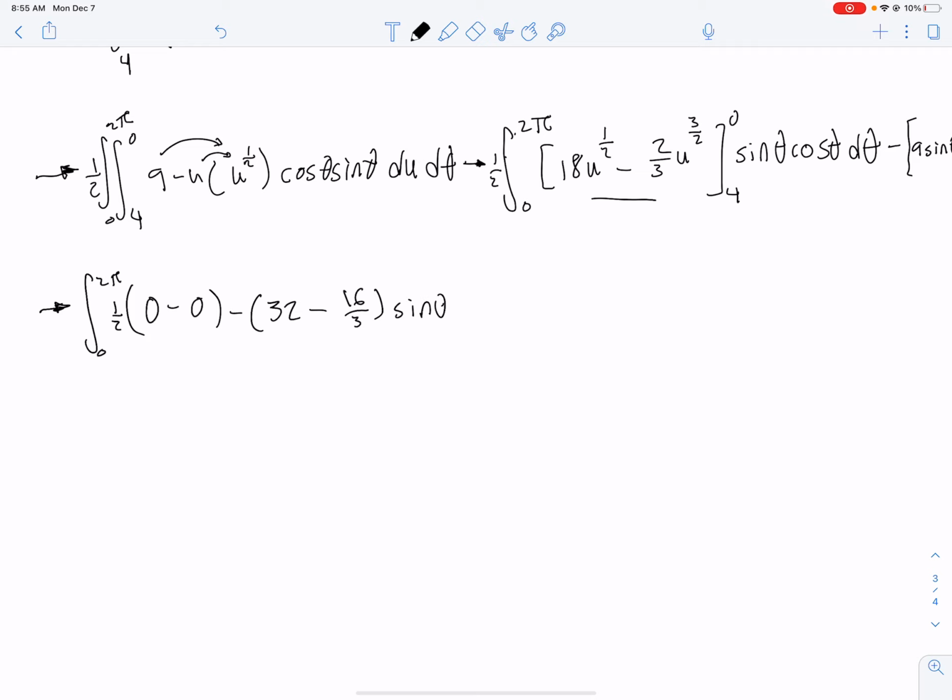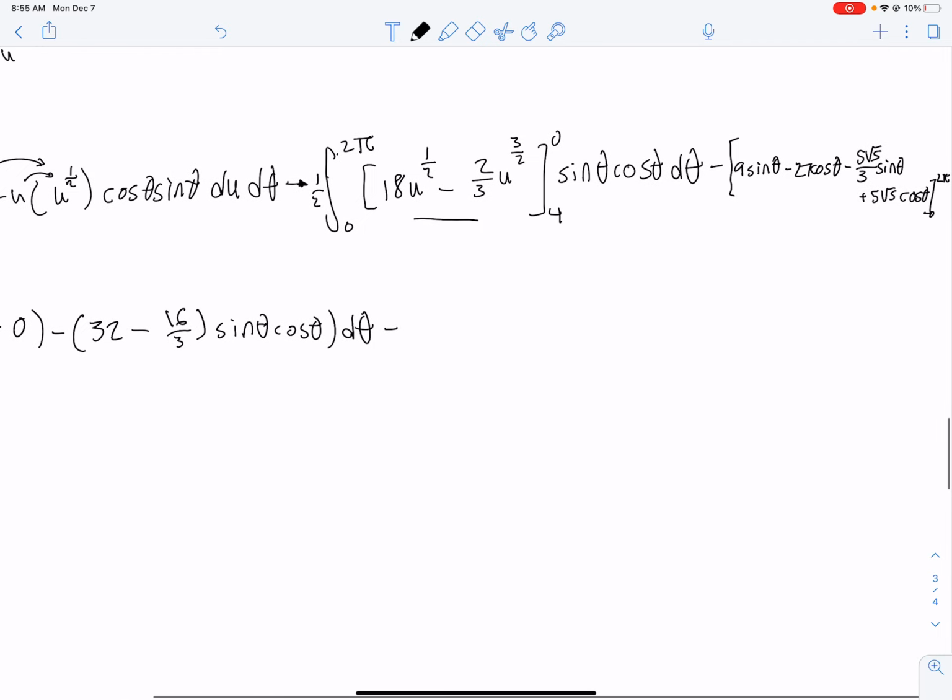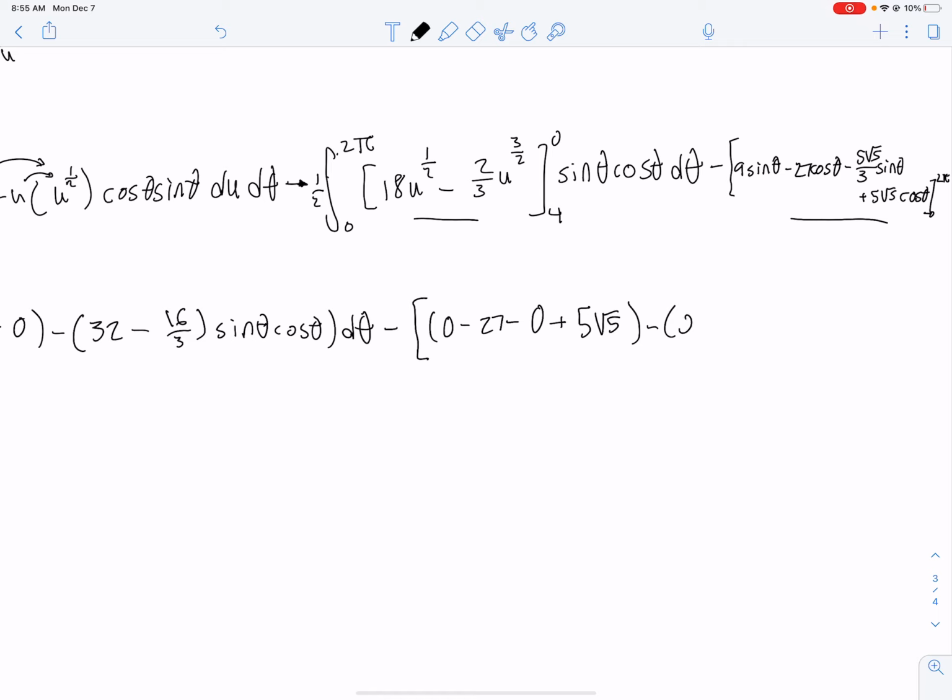And we have our sine theta, cosine theta, d theta, minus, and if we finish off our last two parts, we have sine at 2 pi is 0, minus cosine at 2 pi is 1, so we'd have 27 minus 0, plus our cosine again would be 5 root 5, and then we plug in our 0, we get 0 minus, and it would just be the same thing for cosine as well.